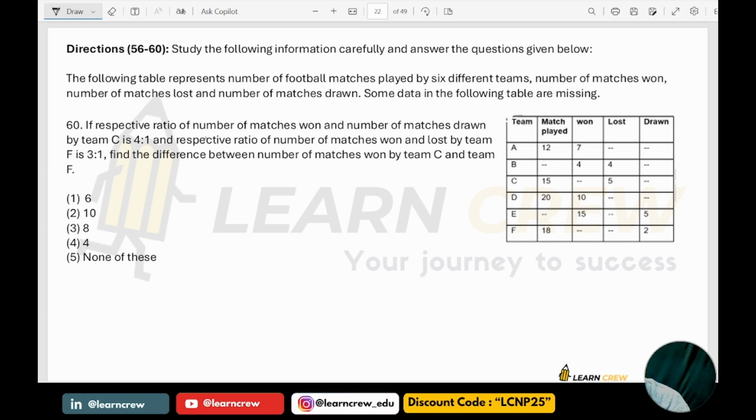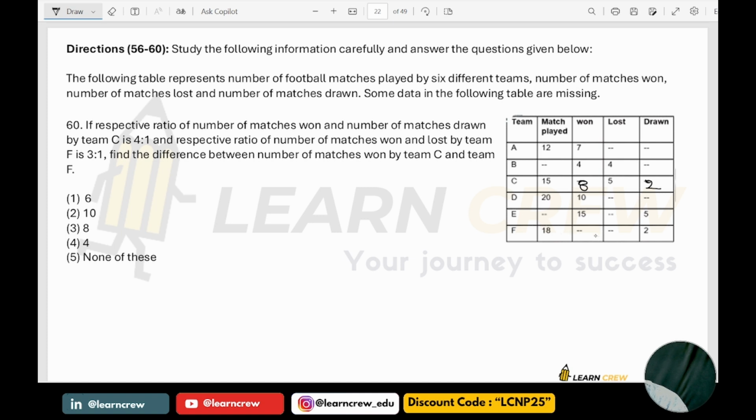If the respective ratio of the number of matches won and number of matches drawn by team C is 4:1. So matches won and matches drawn are 4:1. 5 parts is 10, so it is 8, it is 2. The respective ratio of number of matches won and lost by team F is 3:1.